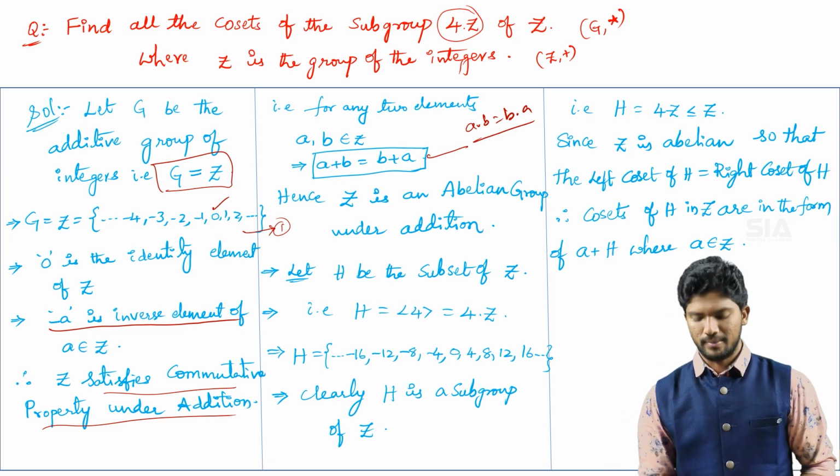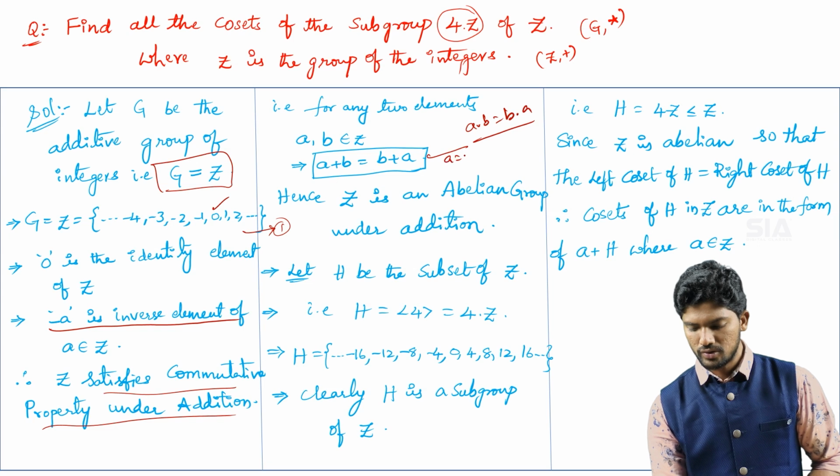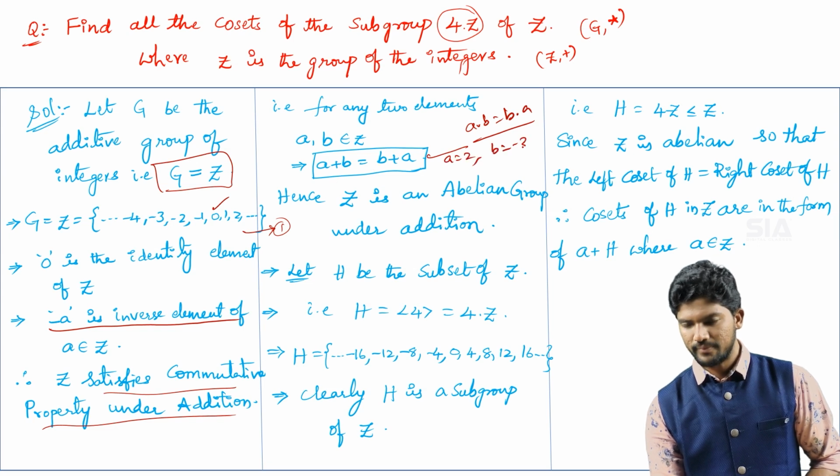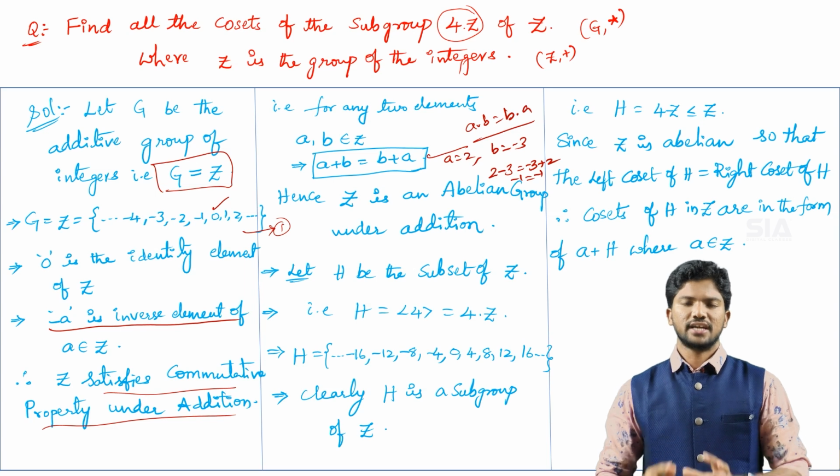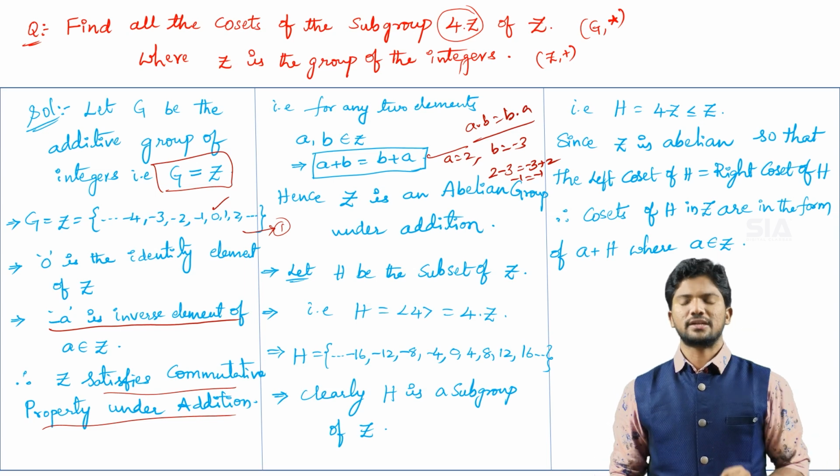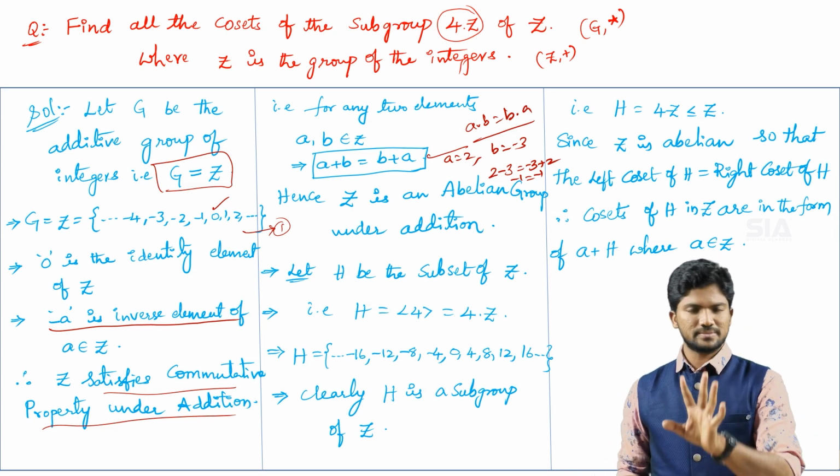You can take any two elements. I am taking a equal to 2 and b equal to minus 3. 2 plus minus 3 means 2 minus 3 is equal to minus 3 plus 2. 2 minus 3 is equal to minus 1, and minus 3 plus 2 is equal to minus 1. LHS is equal to RHS. In this format, you can take any two elements from equation number 1: a plus b is equal to b plus a.